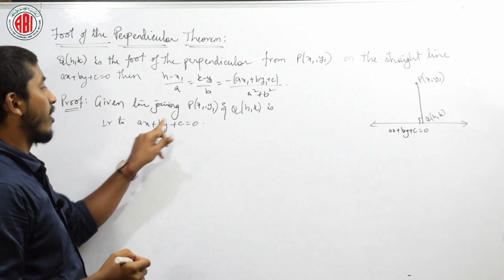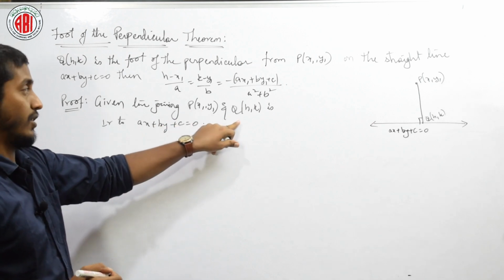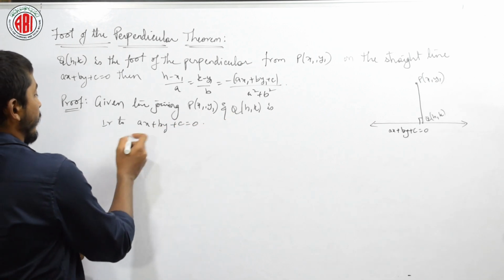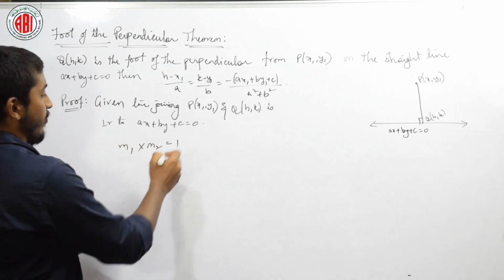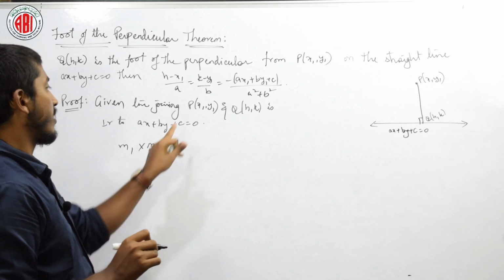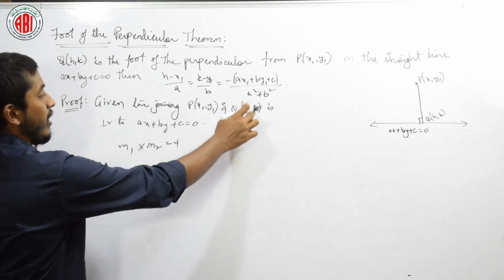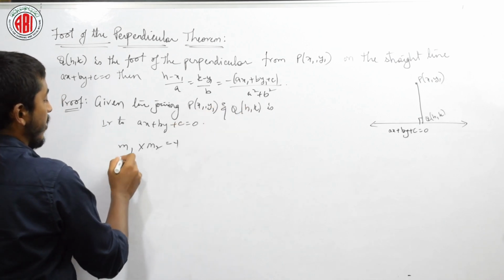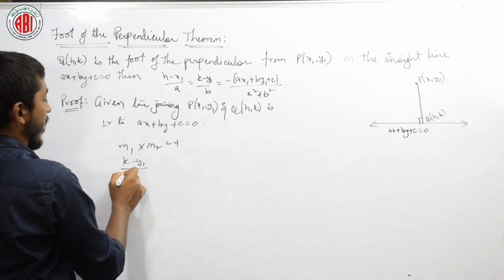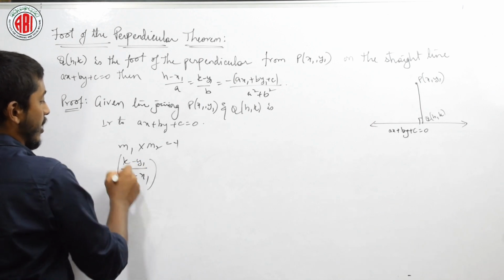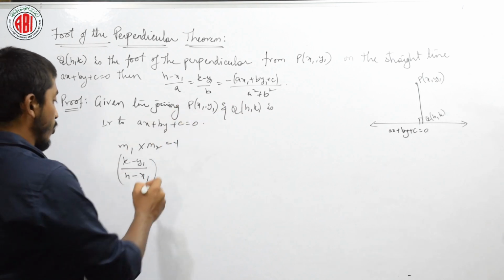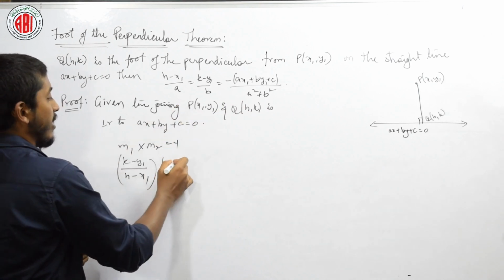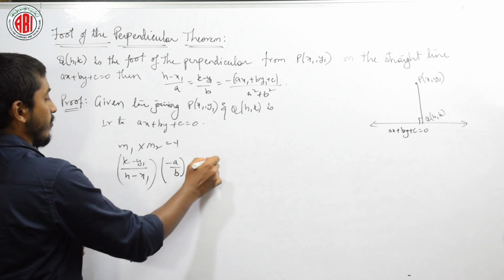Then the product of these slopes is equal to -1. The slope of the first line, that is m1 m2 = -1, we know that. What is m1 here? The slope between these 2 points, that is (y2 - y1)/(x2 - x1), into the slope of this line, which is -a/b.